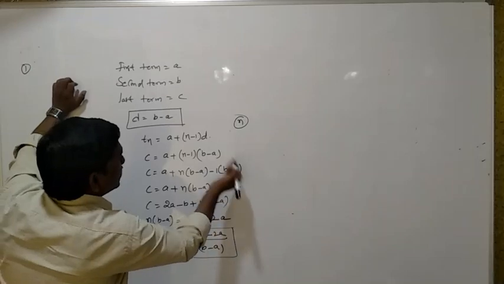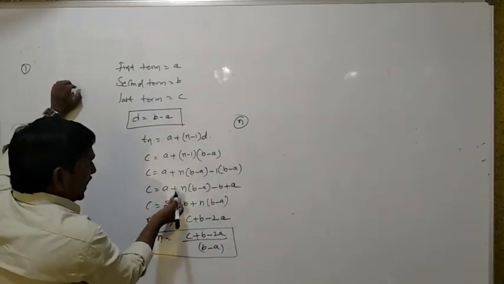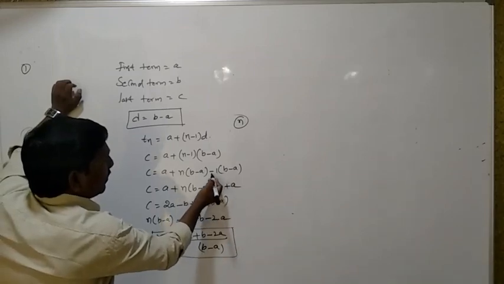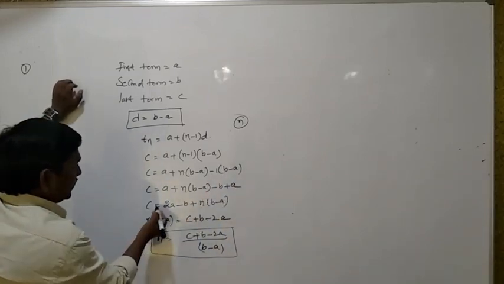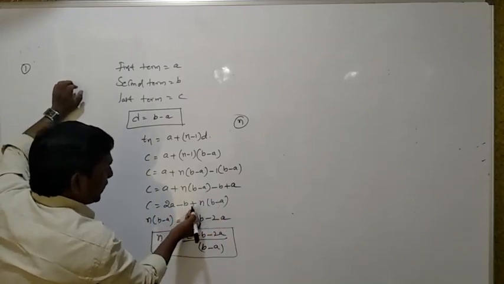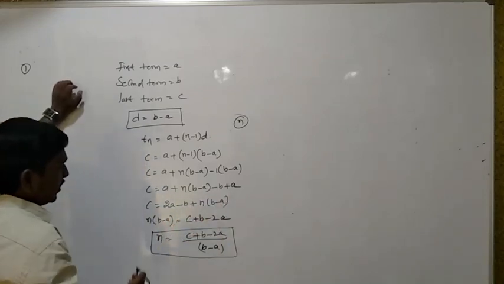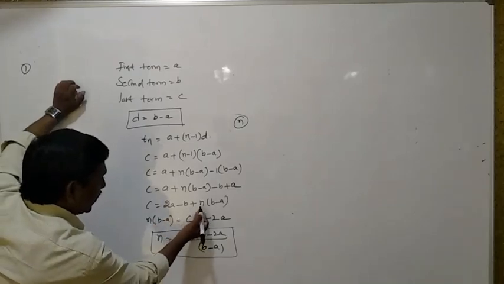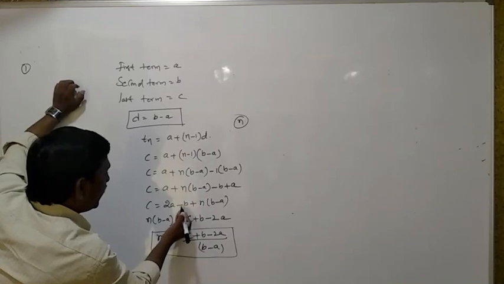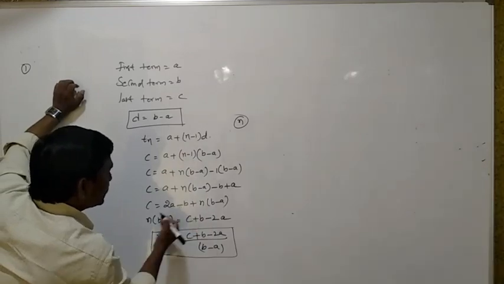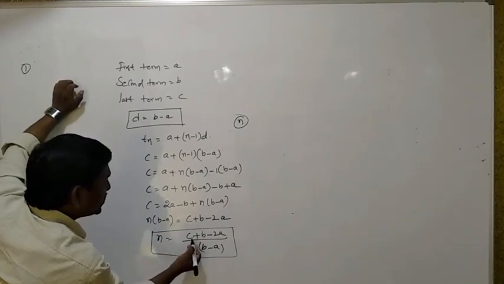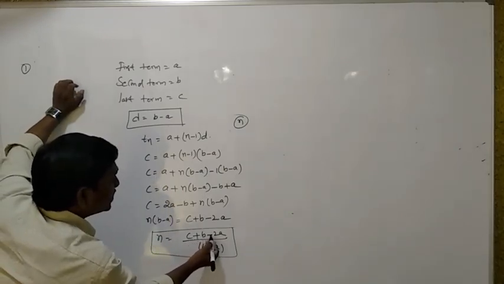Here A plus n into (B minus A) minus B plus A, and A plus A is 2A minus B plus n into (B minus A). Here n into (B minus A) equals C minus B becomes plus B, plus 2A becomes minus 2A. Here n equals (C + B minus 2A)/(B minus A).